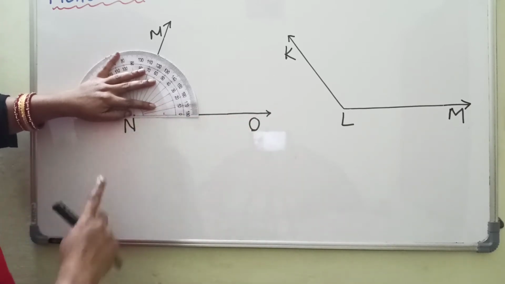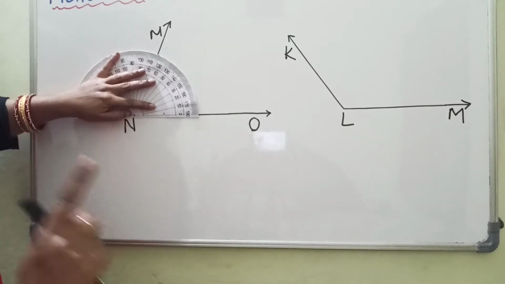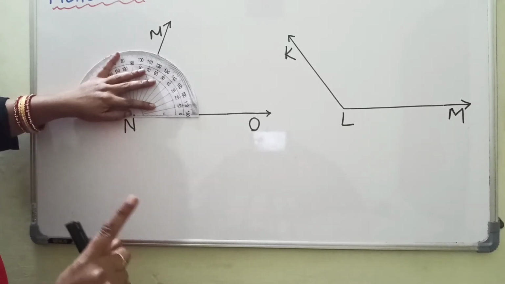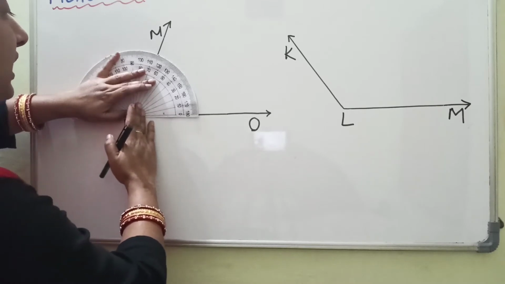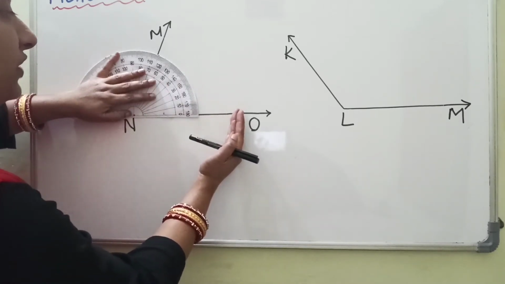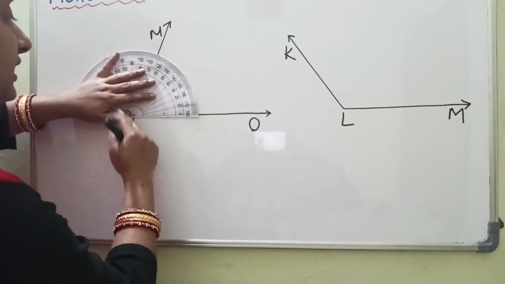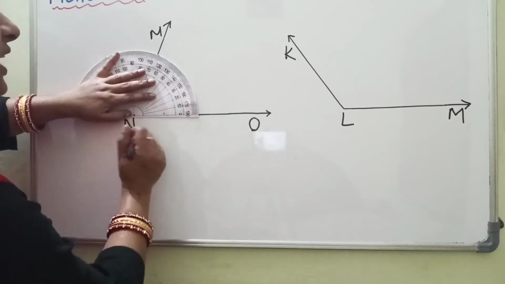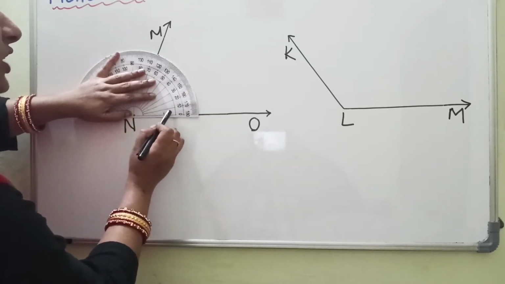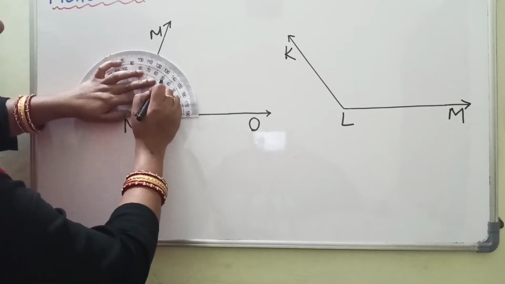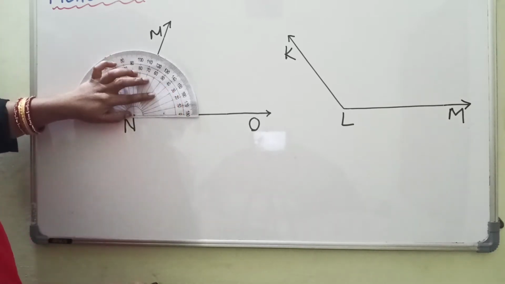Now always remember, whenever the base line is along the one of the arm of the angle is in the right side of the center, then we will follow the inner scale. We will see the readings of the inner scale.